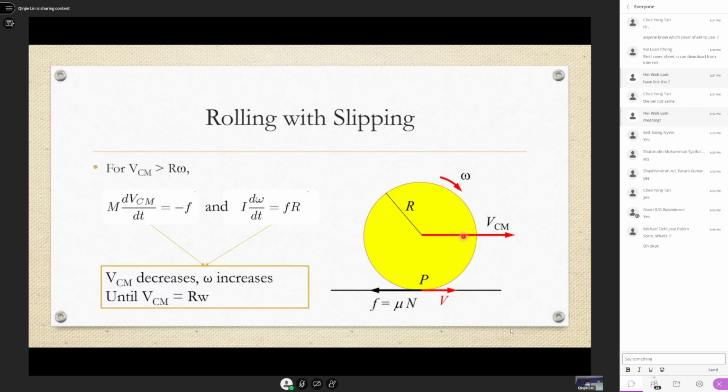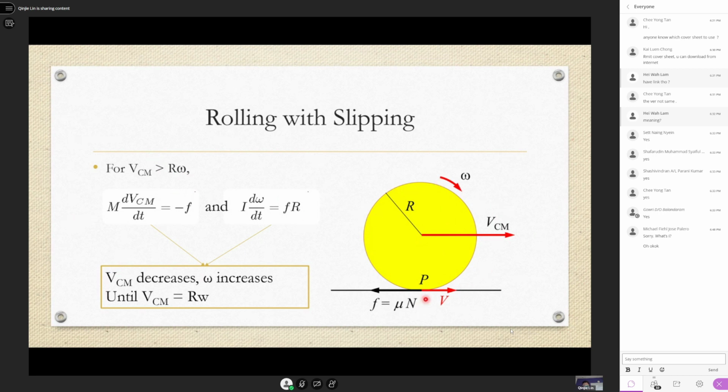Normally if there's no sliding, V equals R omega, correct? But in this case, it is bigger than R omega. So it is translating faster than it should rotate.